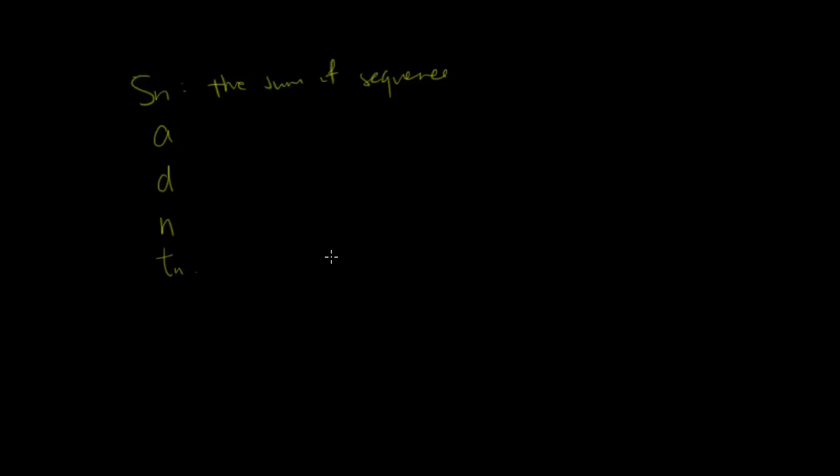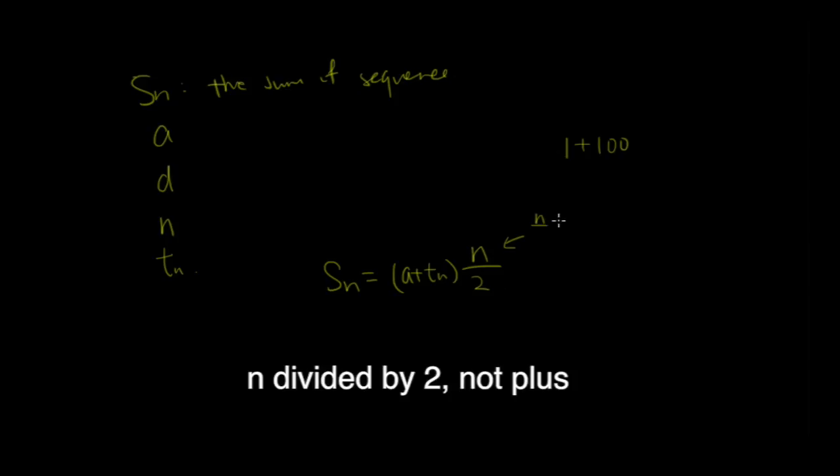What we have is Sn equals a plus Tn, so this is the first term plus the last term, like for example the 1 plus 100, so we would get the sum of the pair. And then we multiply by n divided by 2, since we have n numbers and we're pairing them up by 2, so there are n divided by 2 pairs of the sum.